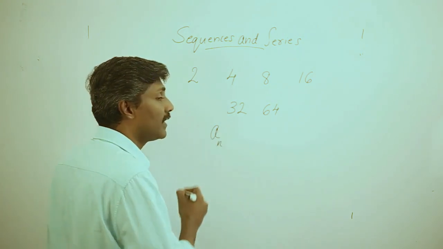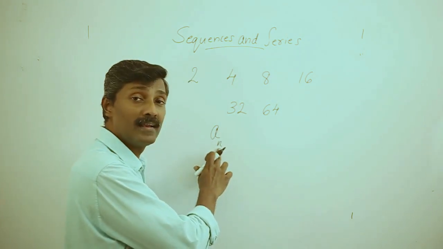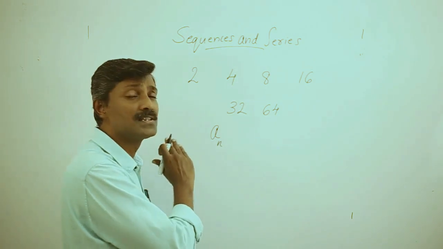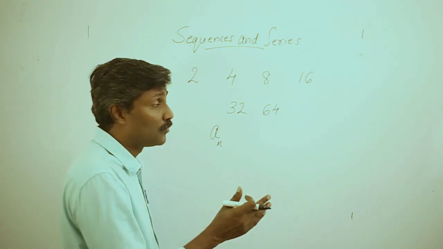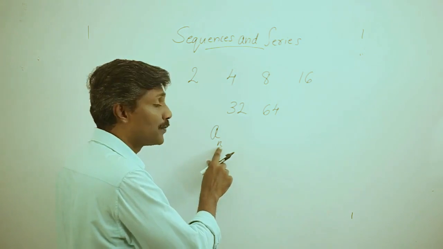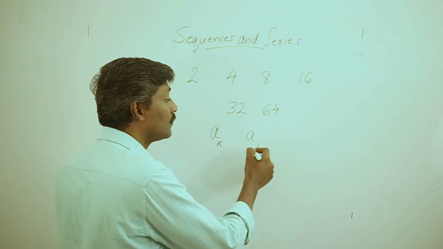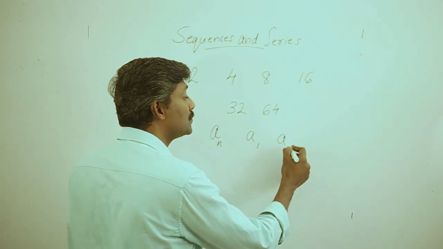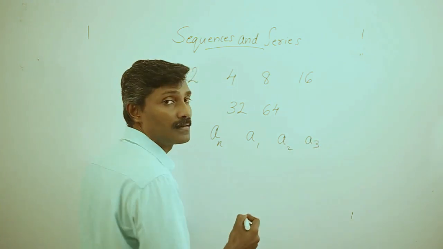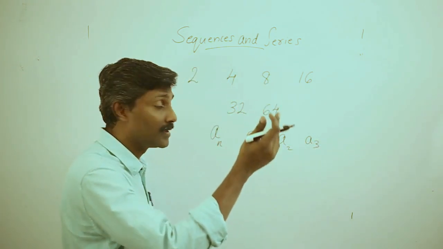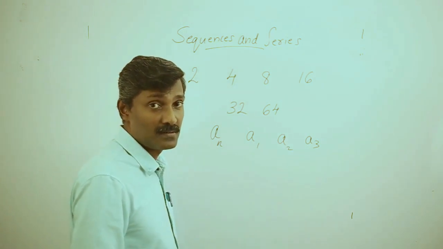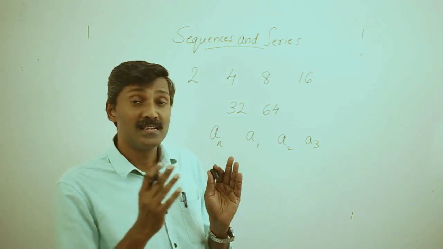So if I write an, then this is the nth term of the sequence, or the general term of the sequence. So what is the first term? If I put n equal to 1, I get a1. What is the second term? I get a2. Third term is a3, etc. And the nth term is an, which is the general term. Okay, so that's about sequence.